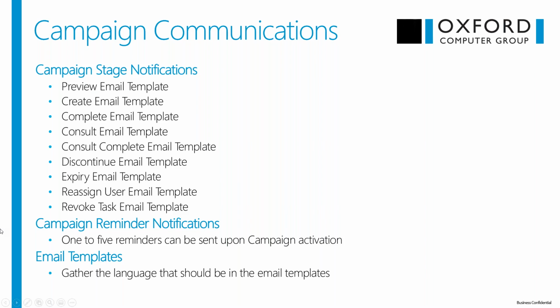And then we have email templates. All this is going to get done, but only if you create the proper email templates, because the wording could be different for each and every one. You do have to gather the information you want in your email template. I'm going to probably reach out to a department that does communications.